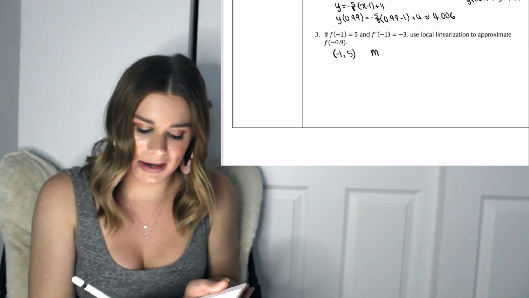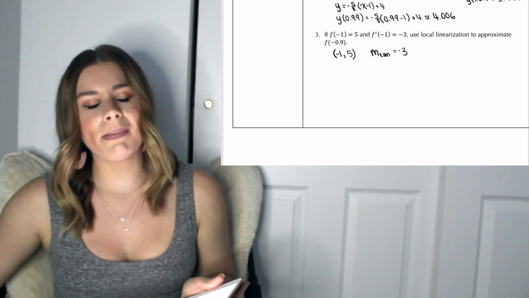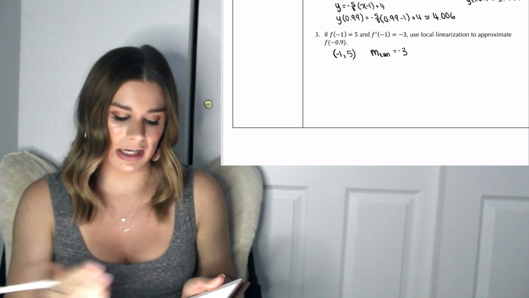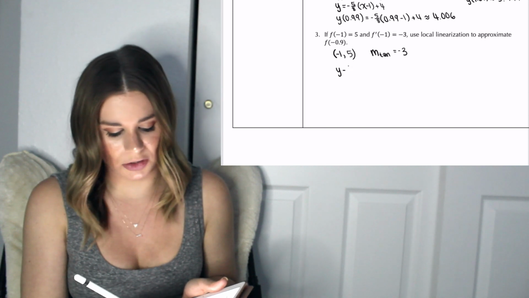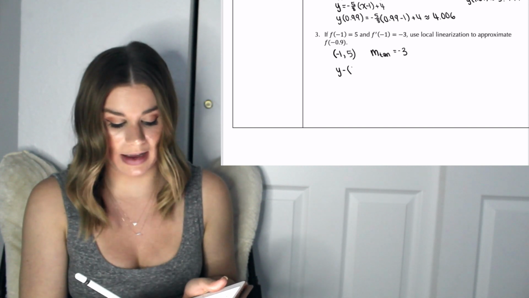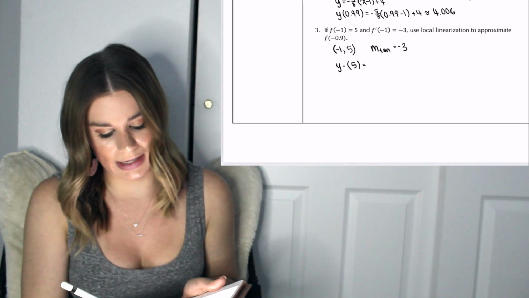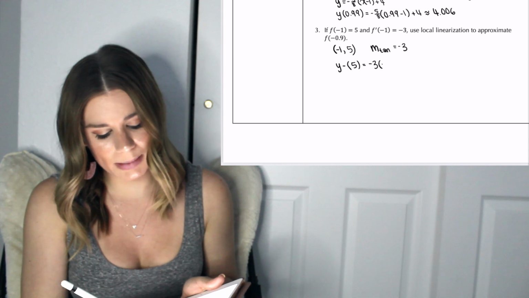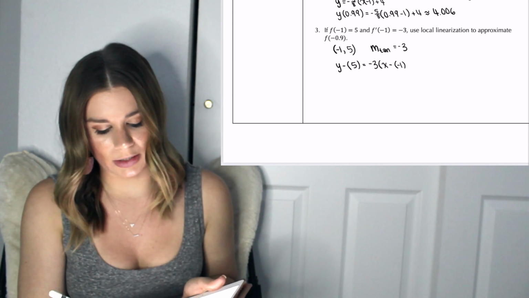So the slope of my tangent line is negative 3. So from there, I can come up with my equation, which would be y minus my y coordinate, which is 5, is equal to the slope of my tangent line, which is negative 3, times x minus my x coordinate.